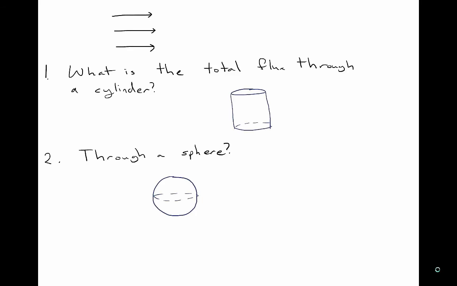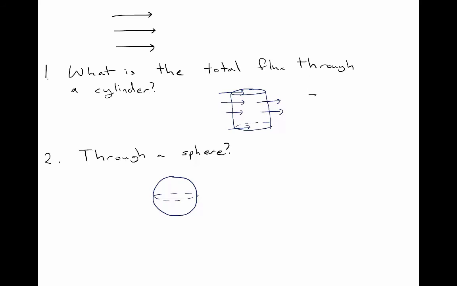All right, let's think about what happens with the cylinder. Every field line that goes in here also comes out. So you have an arrow coming in on the left side, it's coming out on the right side. The top and bottom surfaces are parallel to the electric field lines, so those don't produce any flux. So you have surfaces that are parallel, so there's no flux, and then you have positive and negative flux canceling each other out.